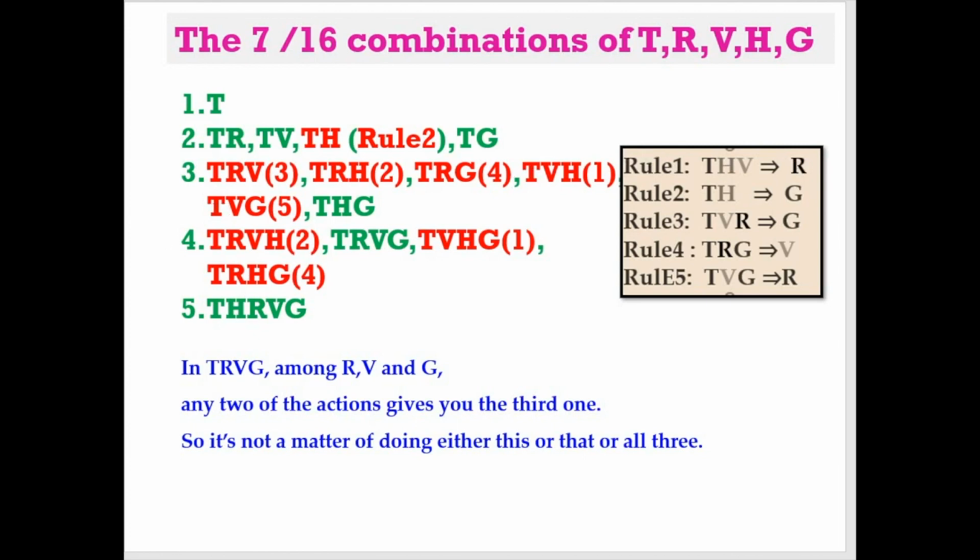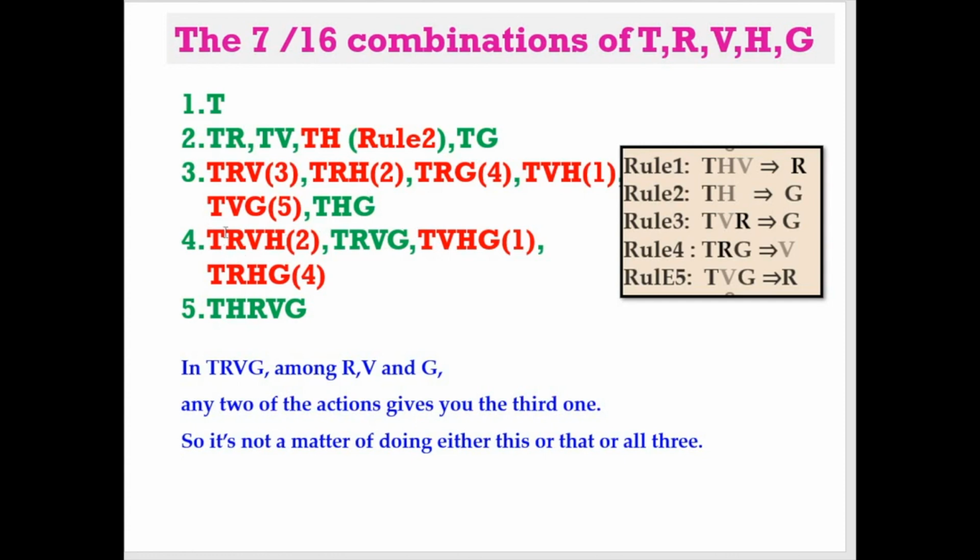Now on the last term, that is TVG, when we consider TVG, R should be there, that is rotation. But R in the combination is not present. So we rule out all this, we take only THG, because that's true by rule 2. So this one works.